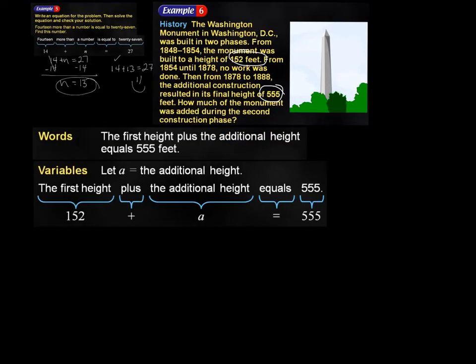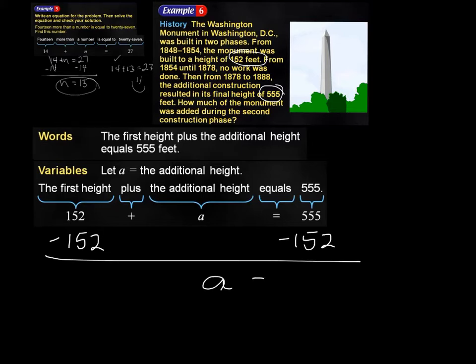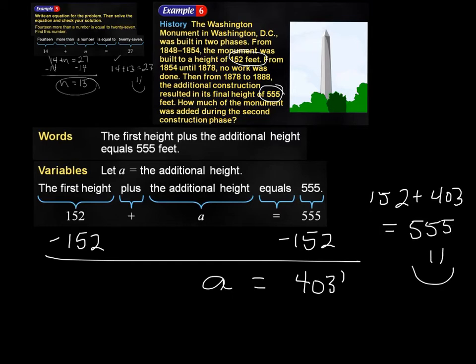So to solve, all we need to do is subtract 152 from both sides of the equation, and we get A equals 403 feet. We'd better check. So going back to the original equation, if we add 152 plus 403, we get 555, which is what we wanted. Hooray!